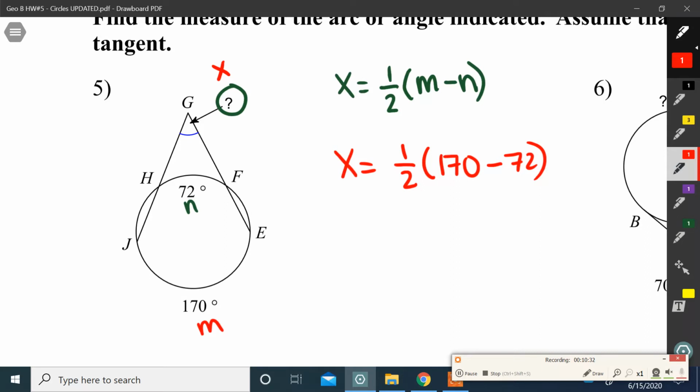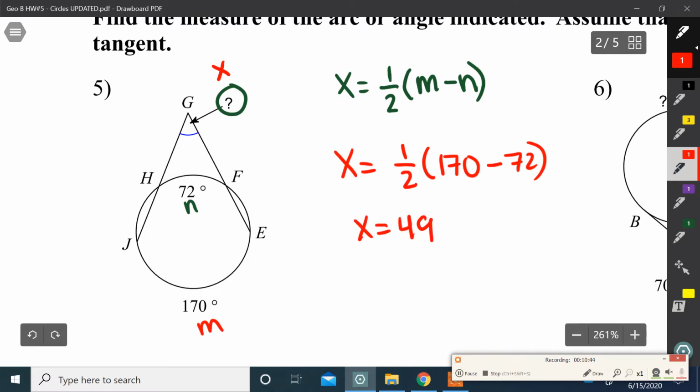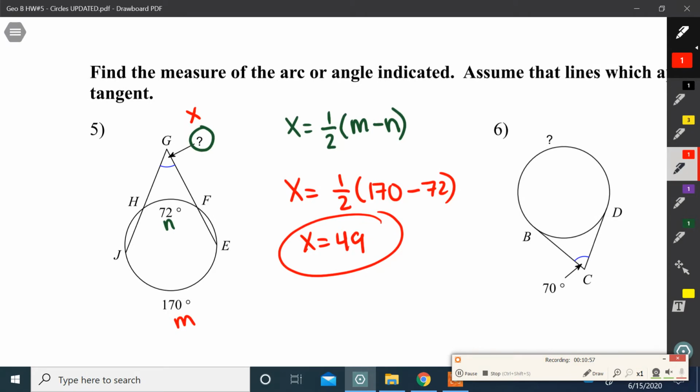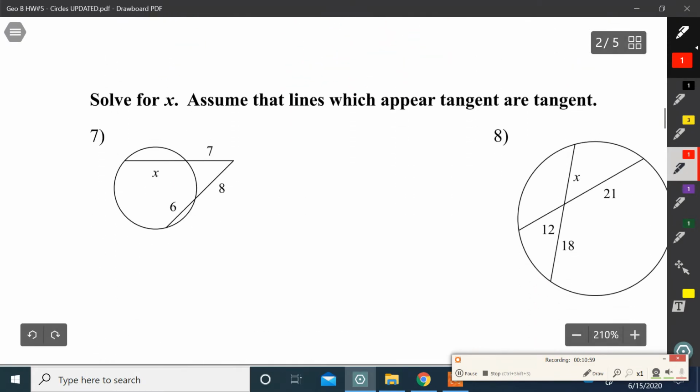And we're going to do 170 minus 72. 98 divided by 2 is 49. Okay, and I'm verifying here that is definitely the answer that you want to put on Canvas. All right, so let's move on.